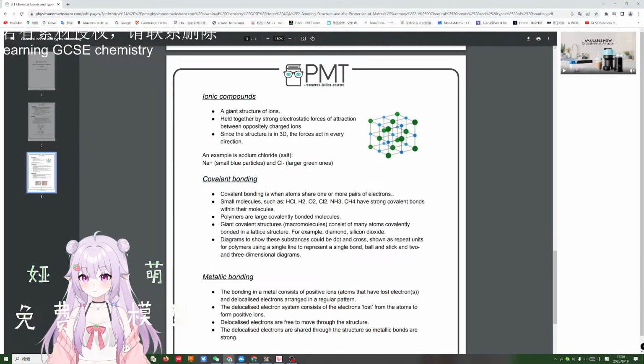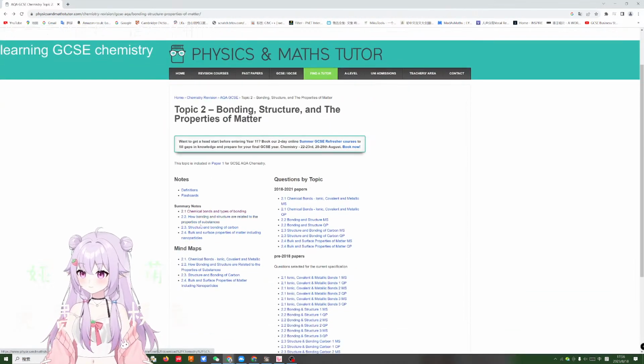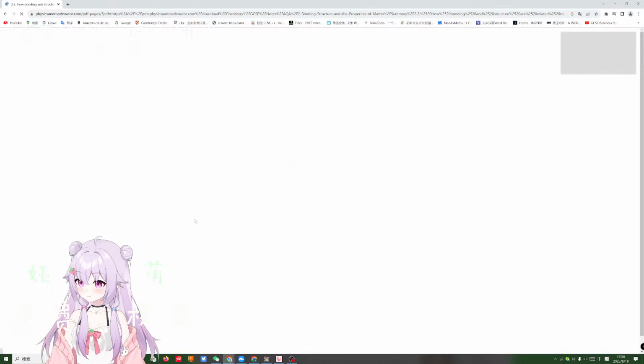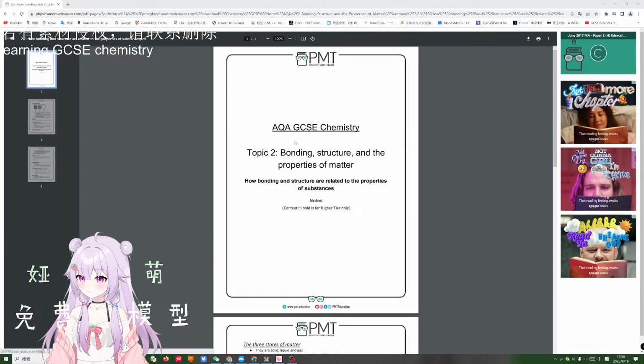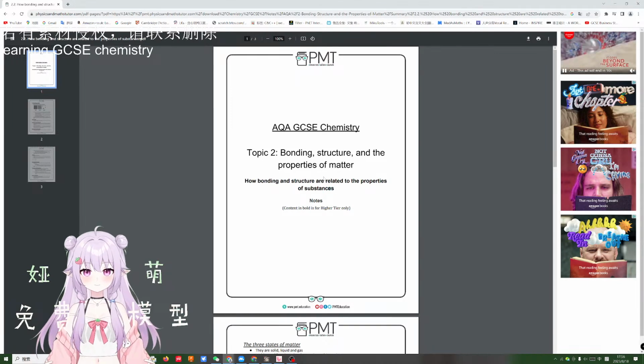Covalent bonding is just this simple, and next is how bonding structures are related to the properties of substances.